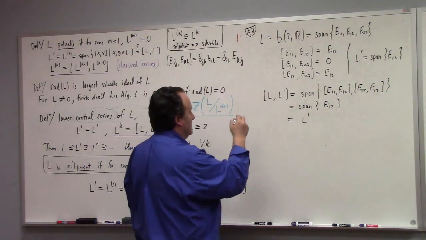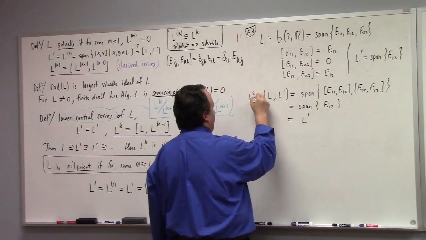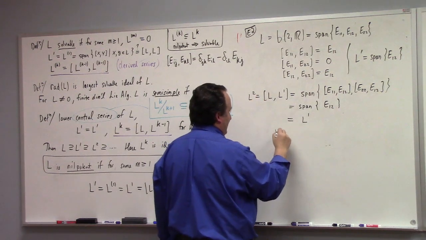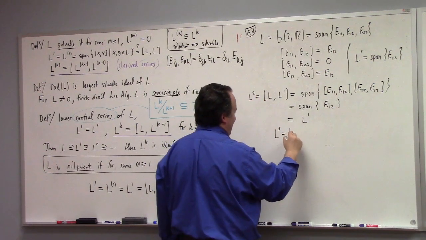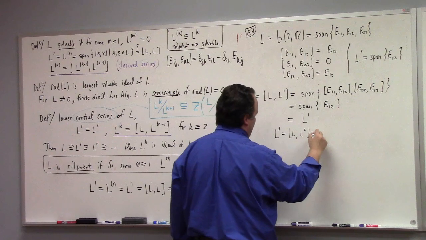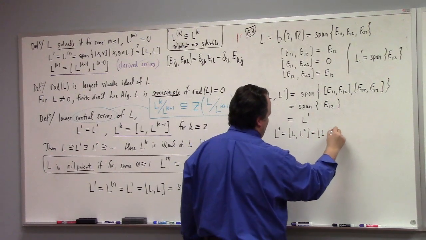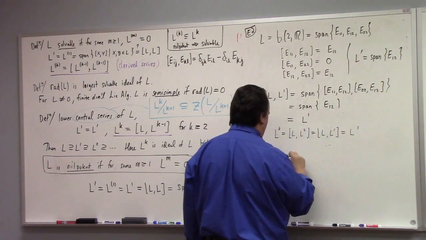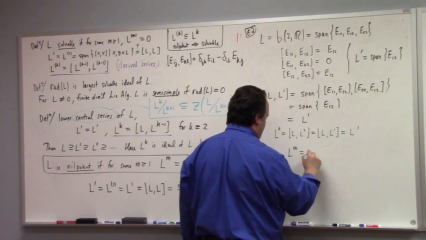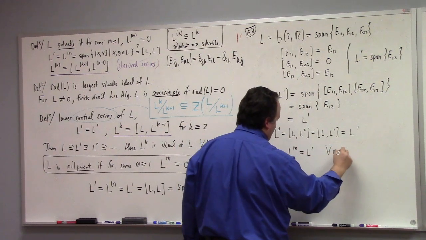So this is L2. So what's L3? L with L2, also known as L with L1, which is also L1. In fact, Lm is equal to L1 for all m greater than or equal to 1.